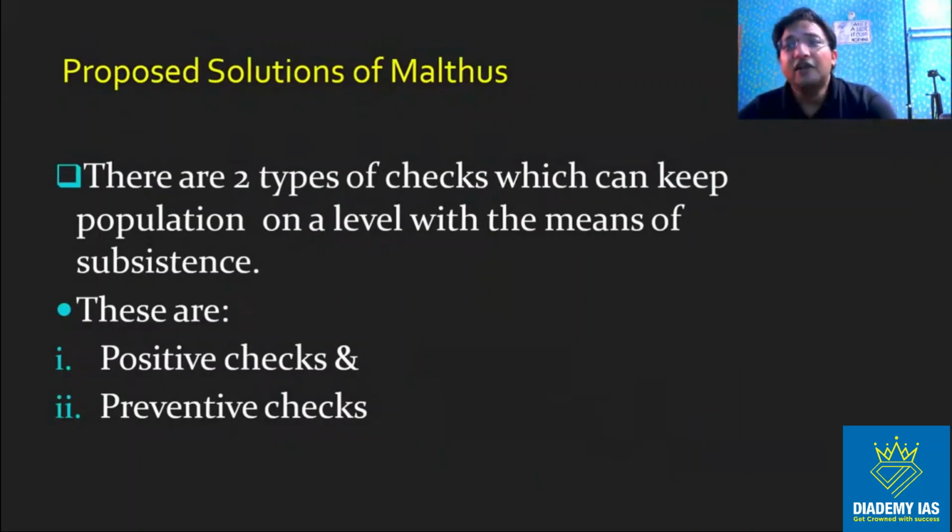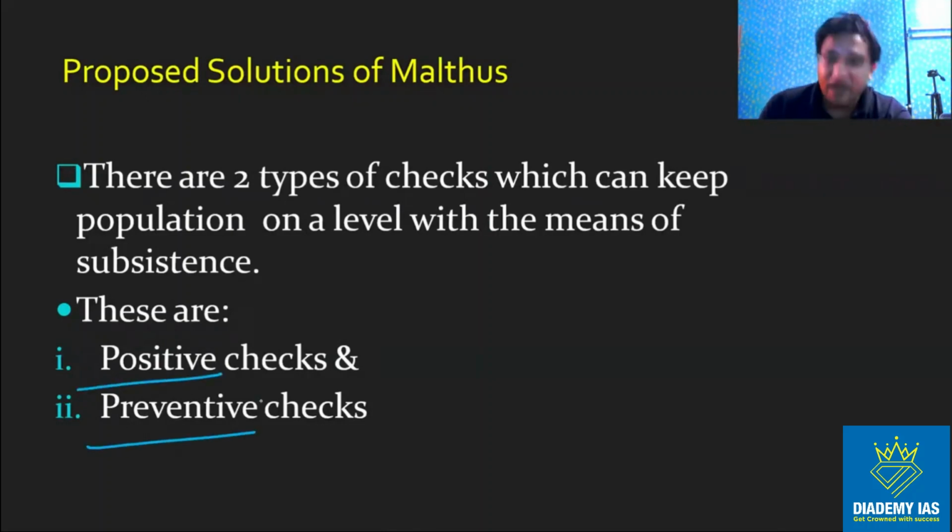So Malthus said that at one point of time the food resources will be short. एक समय ऐसा आएगा जब food resources कम पड़ेंगी. So now there are two solutions possible. दो solutions possible हैं. One way can be in the form of positive check. Another way can be in the form of preventive check.